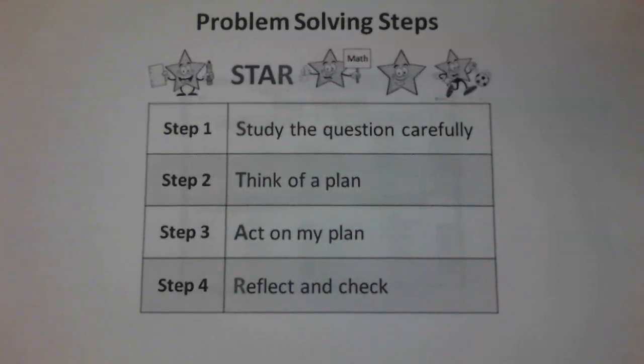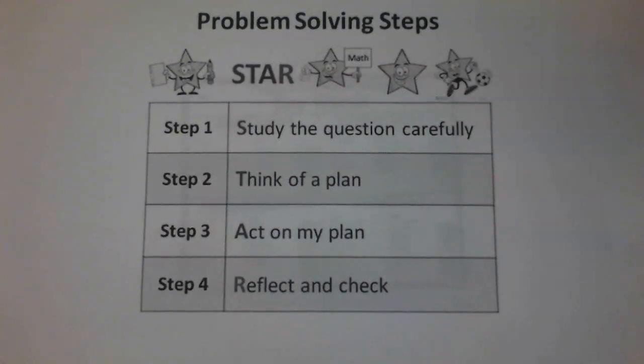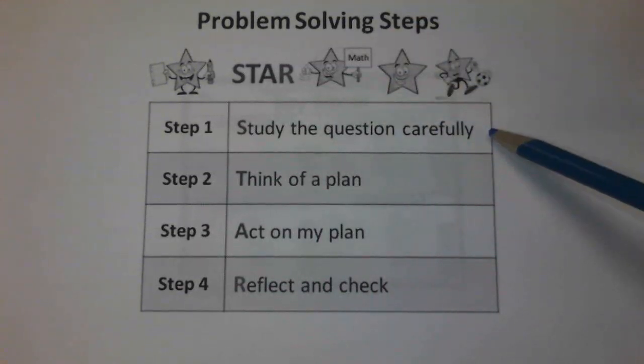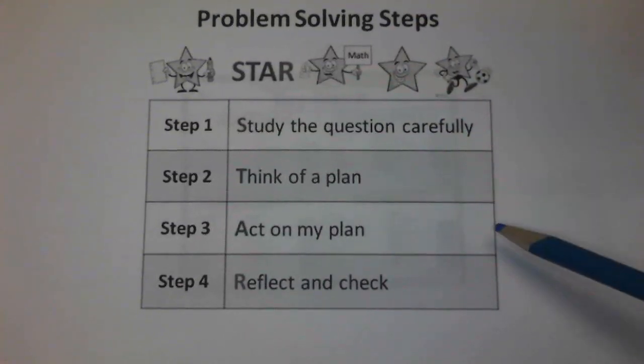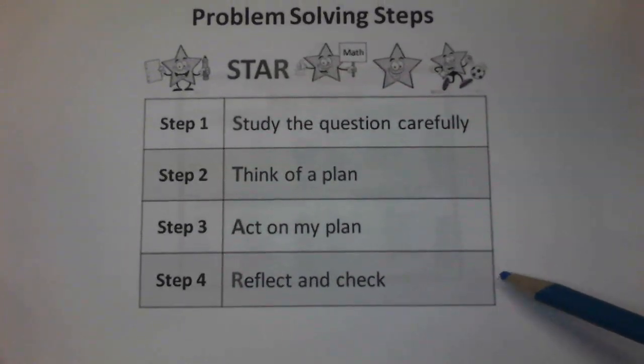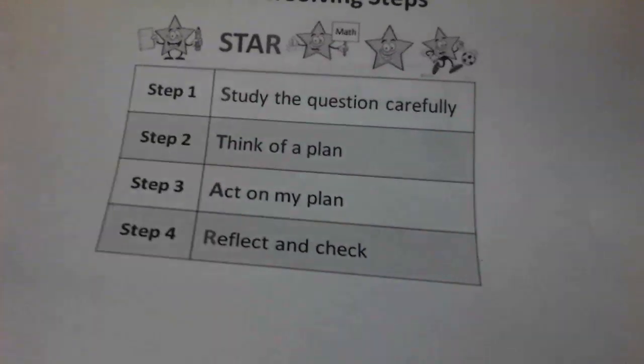So, just a reminder here about our problem-solving steps. Again, you've probably seen this on the Canvas page, and I left them on there so you can refer to them as you're working story problems. The first step is to study the question carefully, think of a plan, act your plan, and reflect and check. Check your answer, see if it makes sense, if it fits.